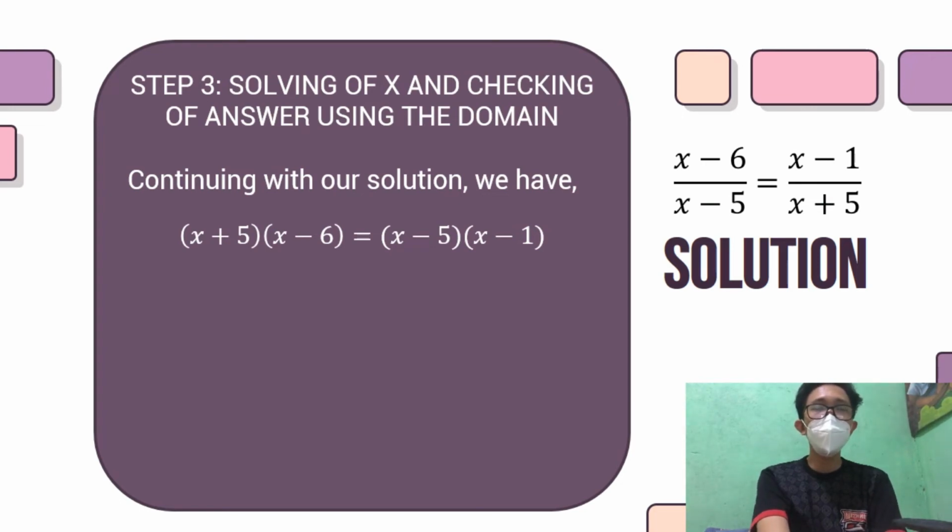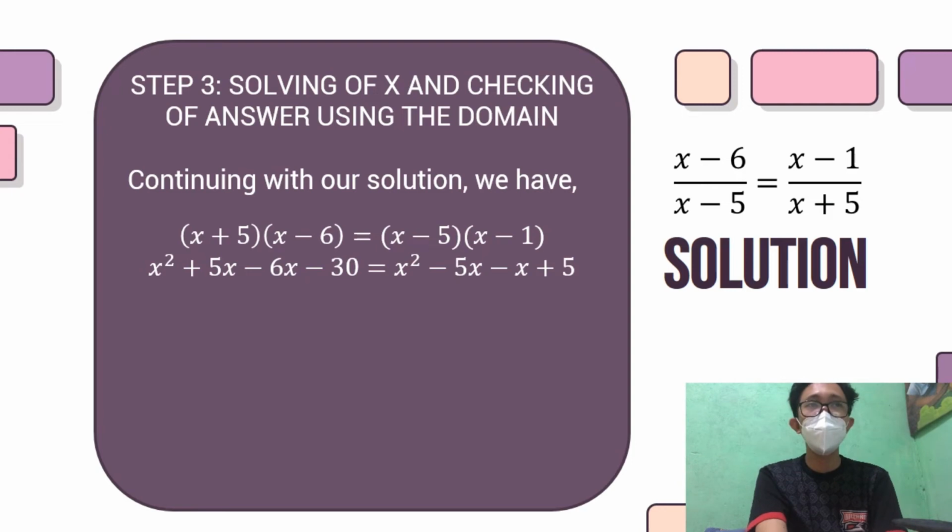So, we have x squared plus 5x minus 6x minus 30 using the FOIL method, and x squared minus 5x minus x plus 5, that's the FOIL method sa right side of the equation.